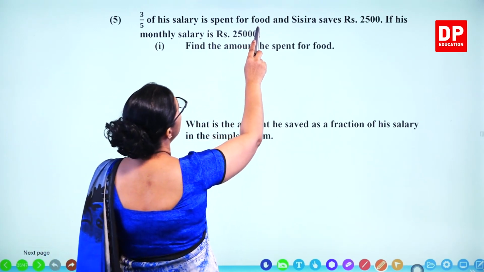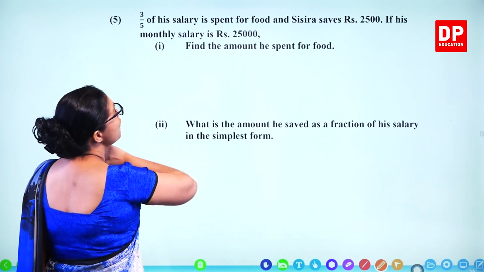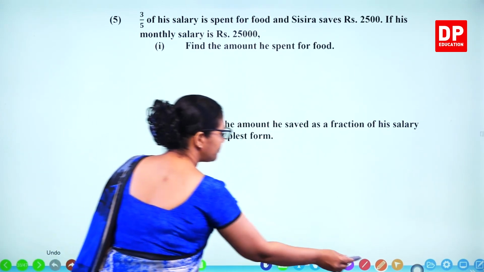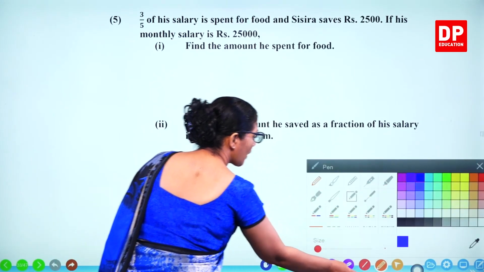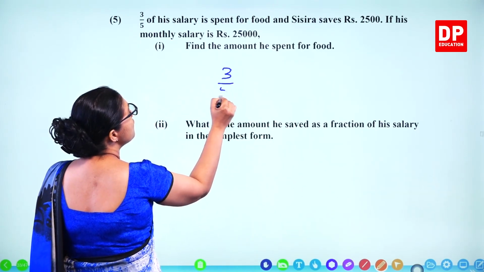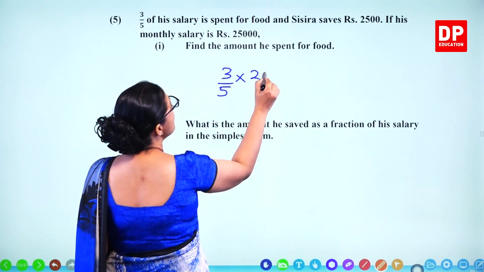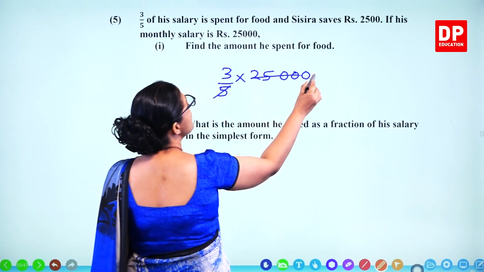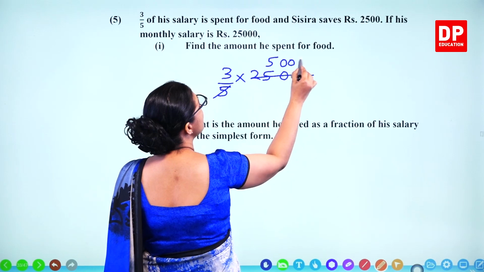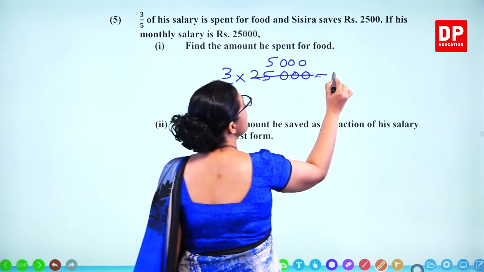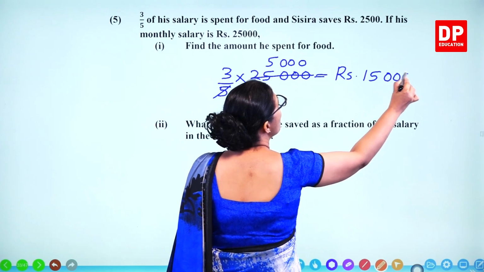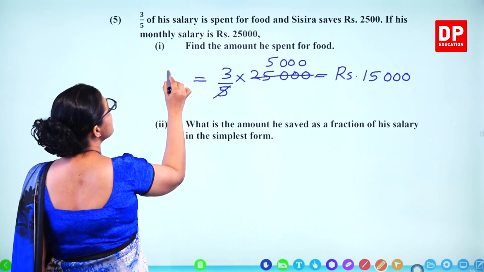So here for food, that's 3/5 of the salary. 3/5 of the salary, 25,000. So 5 times 5 here, 5,000 into 3. That's 15,000 he spent for food.